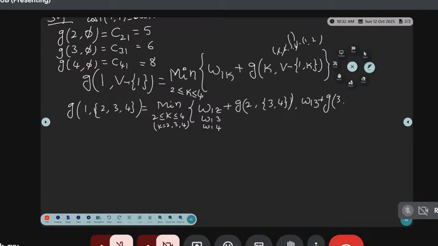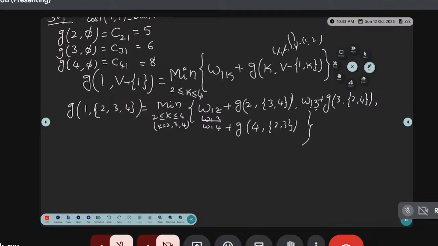From 1 2 3 4, according to this we have visited 1 and 3, 1 and 3 visited, then left over is only 2 comma 4. 2 comma 4 comma k value is 3 comma w of 1 comma 4 plus g of 4 comma, from 1 2 3 4, 1 and 4 minus, then left over 2 comma 3.